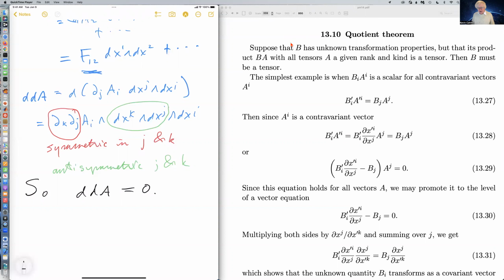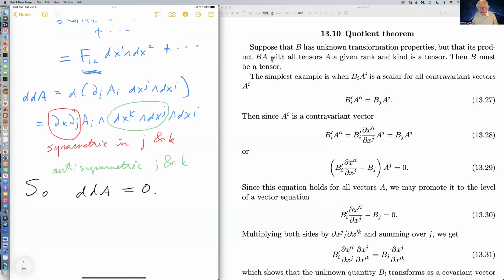The conclusion that you can always draw is that B has to be a tensor. So if A is a tensor, and for all tensors A, BA, leaving out the indices, with the appropriate indices has the transformation properties that you expect, then B has to be a tensor of that kind.